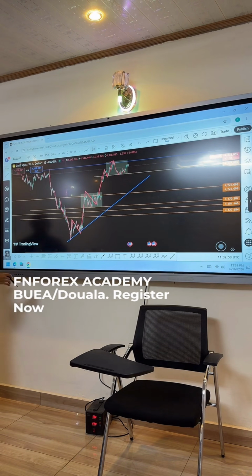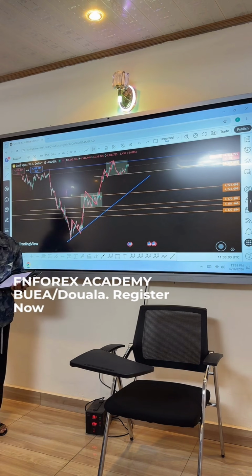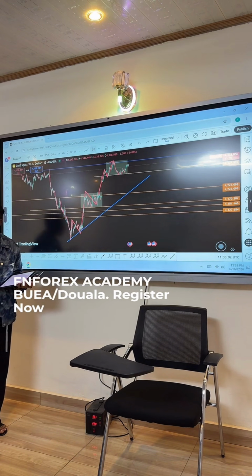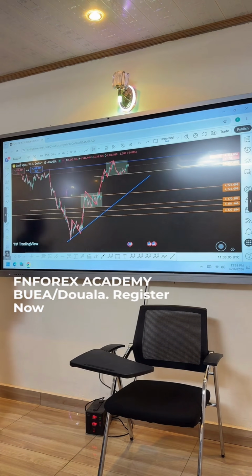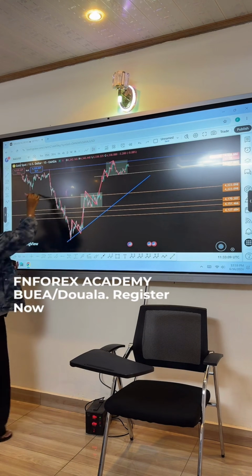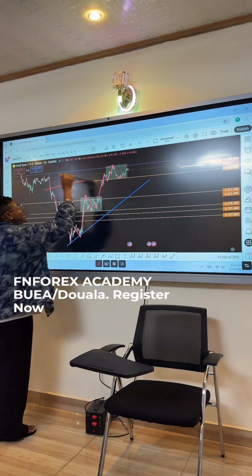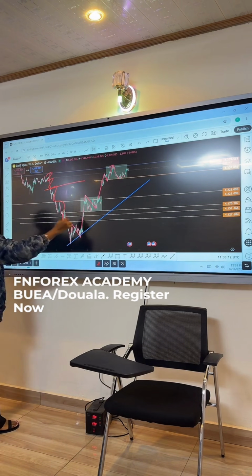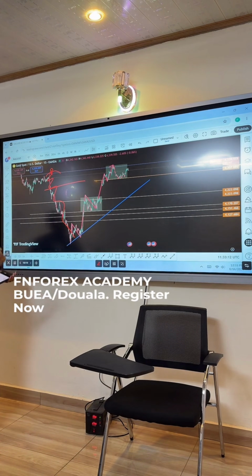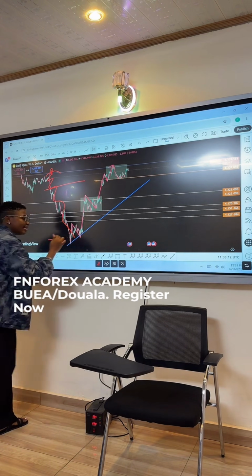When you hear downtrend, it means we start selling from resistance. Uptrend is the same as support, it means we buy from support.